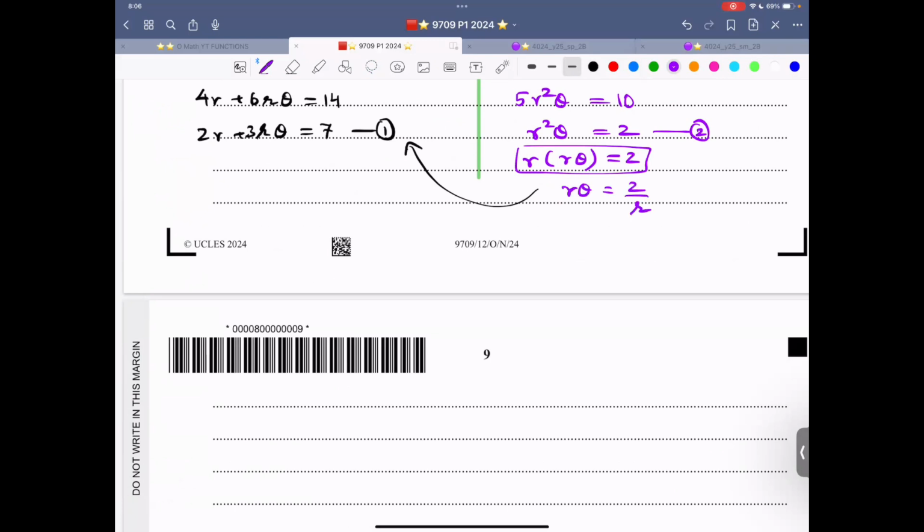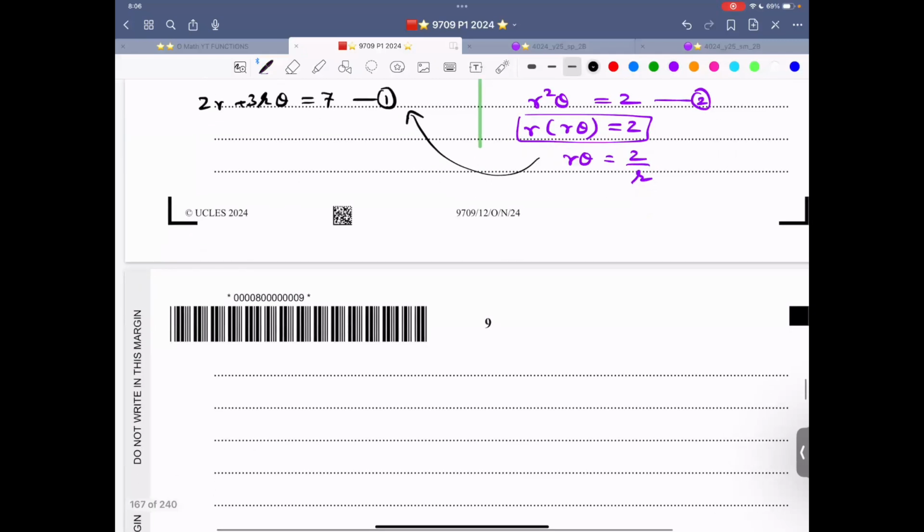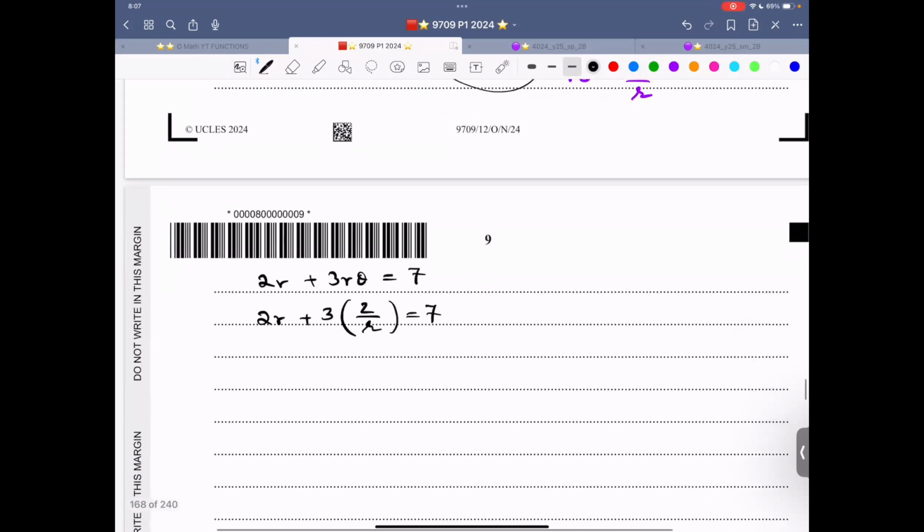Now plug in. So now over here, 2r plus 3r theta is equal to 7. 2r plus 3 times r theta, which is 2 over r, is equal to 7. And then this is 2r plus 6 over r is equal to 7. 2r squared plus 6 is 7r.